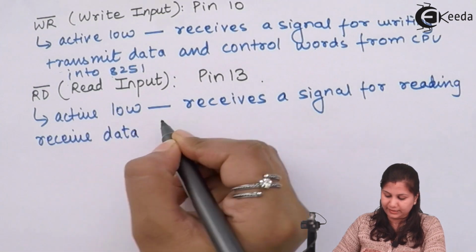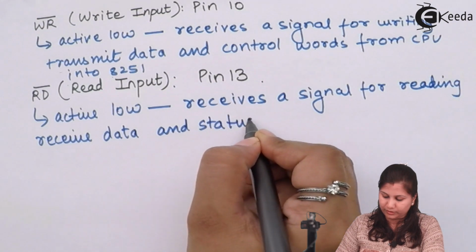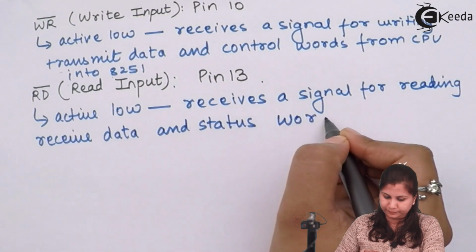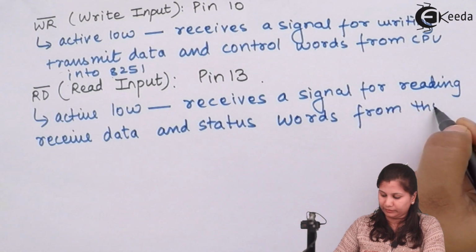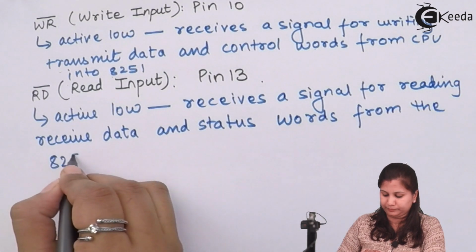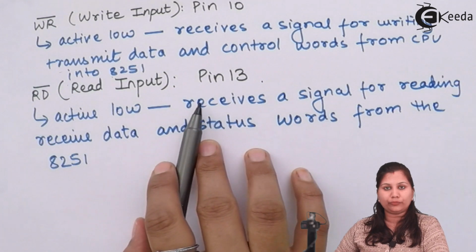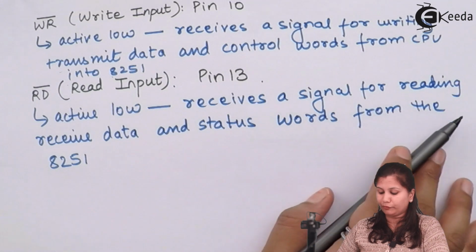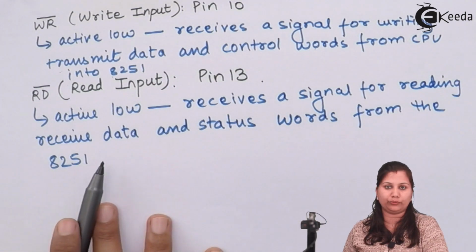For reading the received data and status words from the 8251. So when this is active, the 8251 will receive a signal for reading the received data and the status words from the 8251.